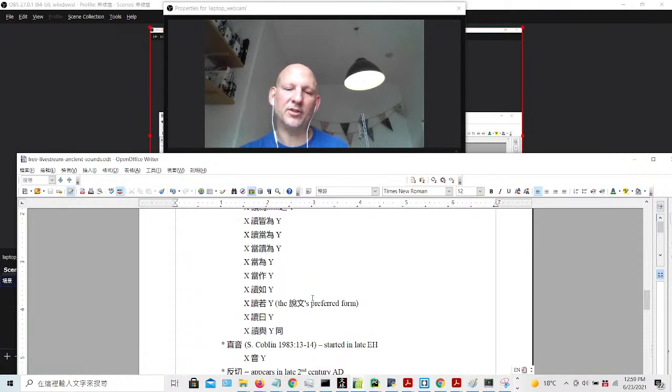But in the 说文解字, he has a very specific formula, which is X 读若 Y, which means character X is read just like character Y, or like character Y. You have X 都与 Y, X 都与 Y 同.